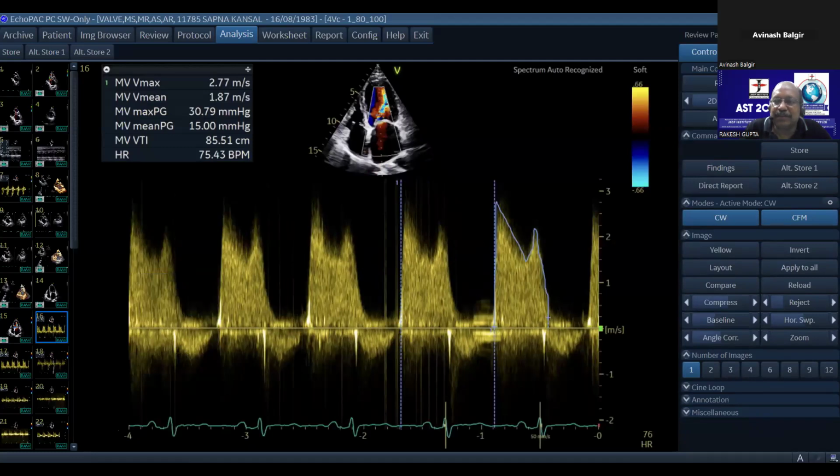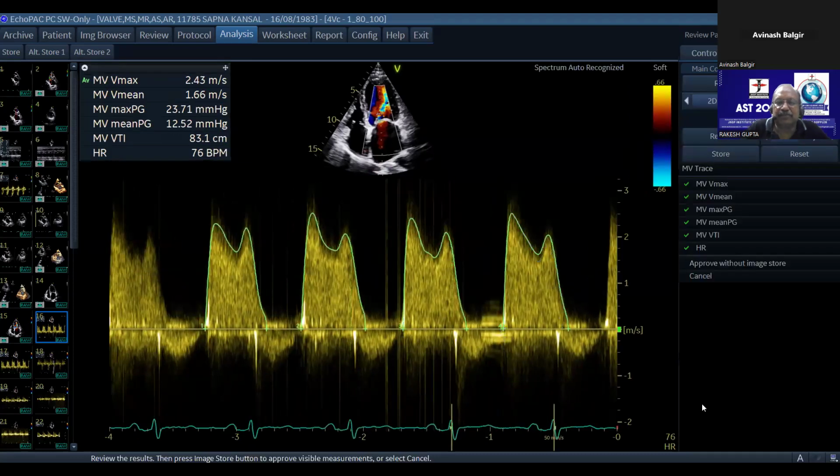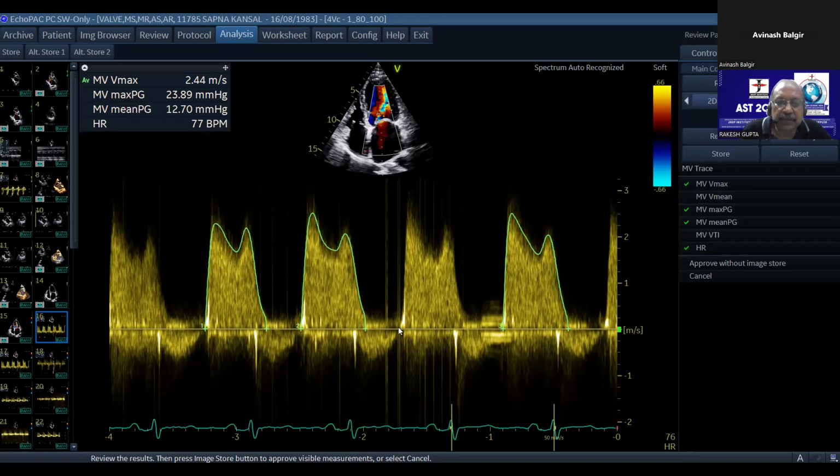Look, I'll do a planimetry of this Doppler spectrum pattern. Unfortunately, it's going to do it automatically. This machine or software is such that it traces automatically. But let me just calculate by myself. So I'm going to trace this Doppler spectrum pattern.